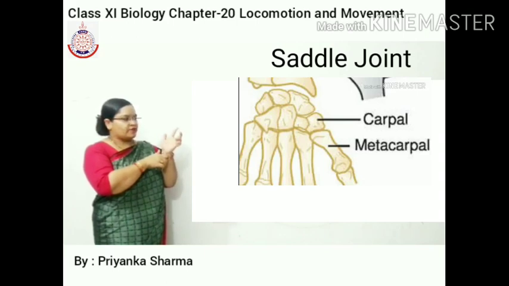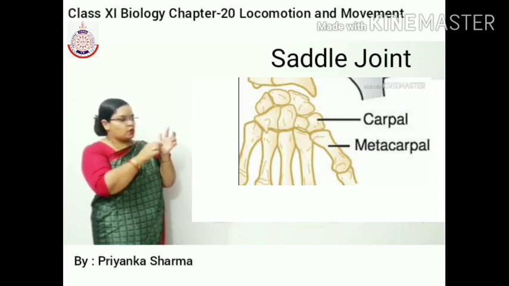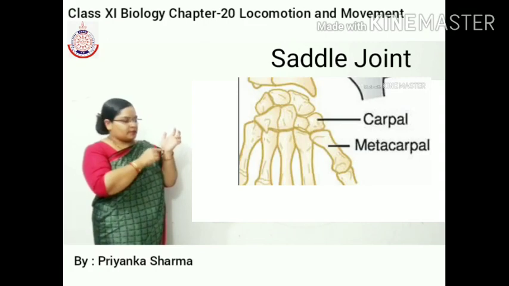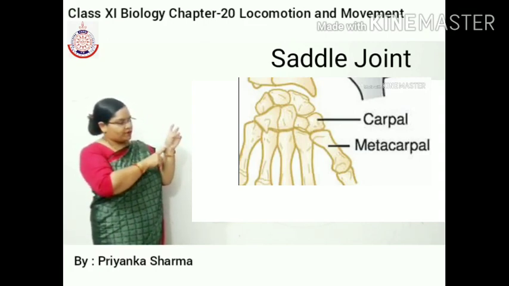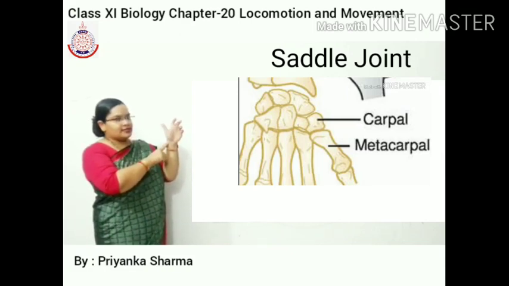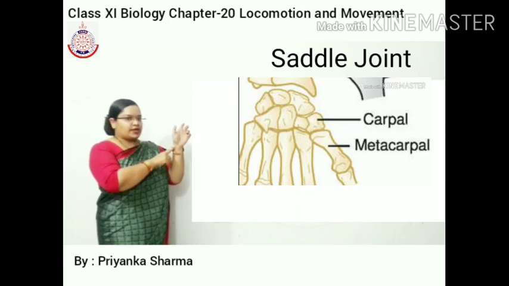You cannot move your finger like this. In your finger, only the movement of these phalanges takes place, not of the carpal and metacarpal. But here your thumb shows movement from here also. If you keep your finger here, you will feel the movement. It is because of the saddle joint.